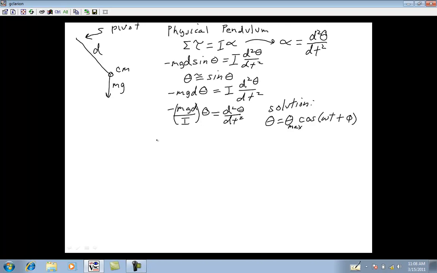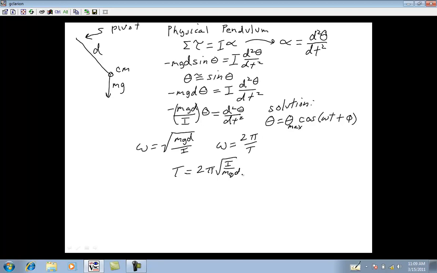And in this case, omega is going to equal the square root of mgd over I. But because we also said that omega is equal to 2 pi over the period, then the period will equal 2 pi times the square root of I over mgd.